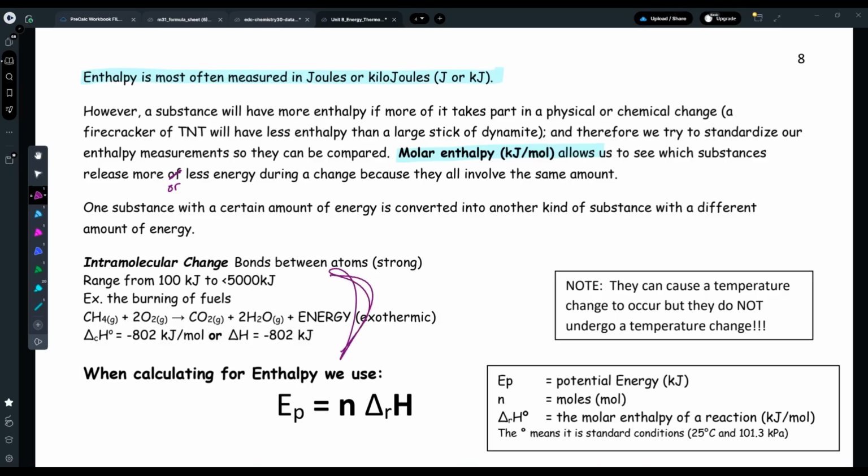In this example, we have methane being burned in the presence of oxygen. It gives us carbon dioxide and water vapor as well as energy. If you're looking at a chemical equation and your energy term is on the product side, that's your dead giveaway that you have an exothermic reaction.